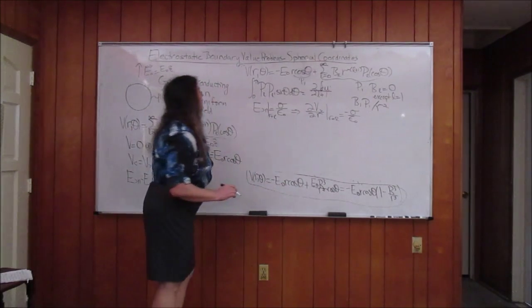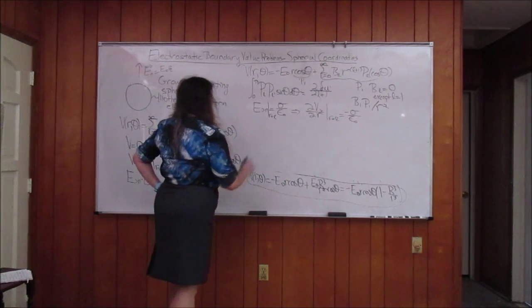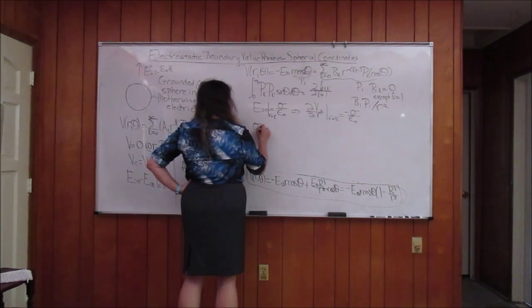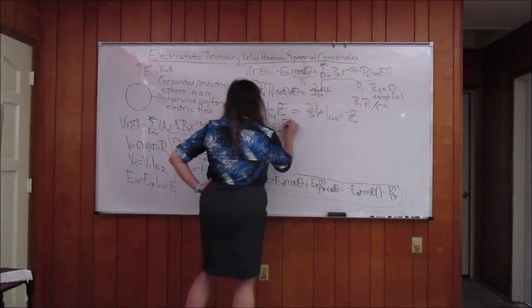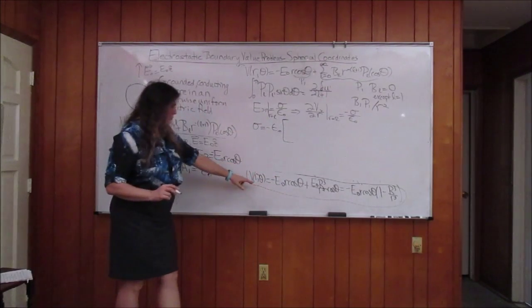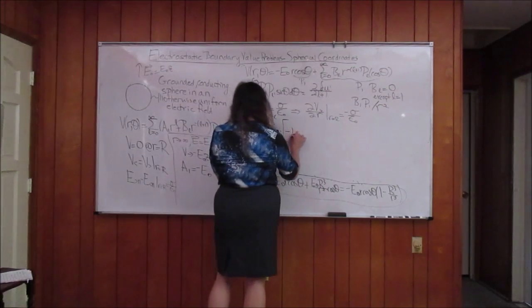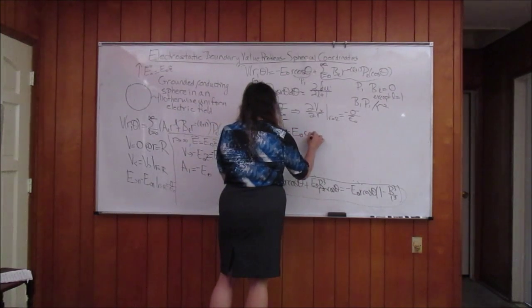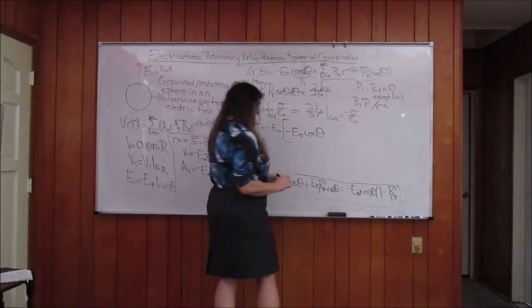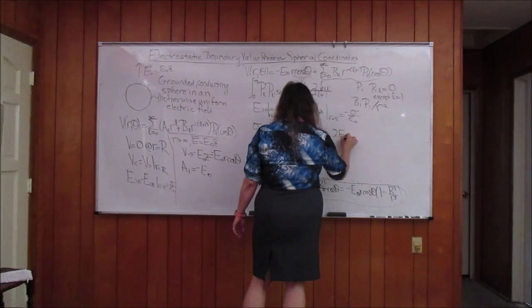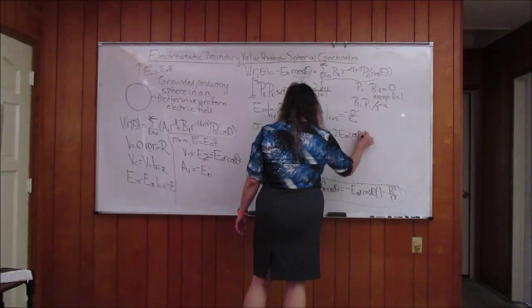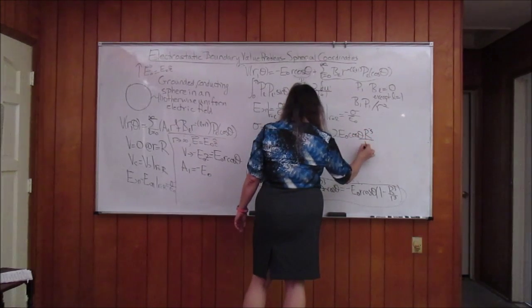This is my exterior solution, or rather down here. Therefore, sigma is equal to minus epsilon naught times partial derivative with respect to r, that's minus E naught cosine theta. Second term gives me minus 2 E naught cosine theta R cubed over r cubed.